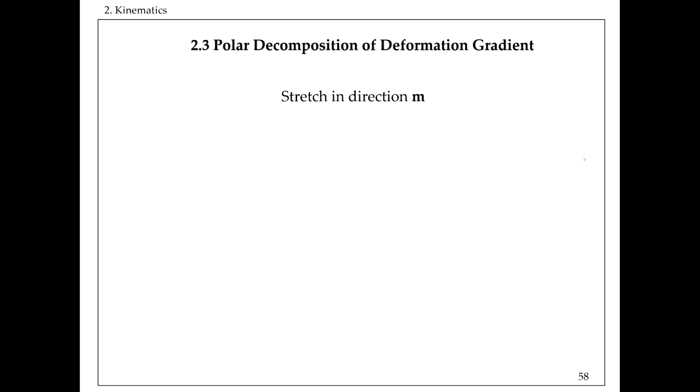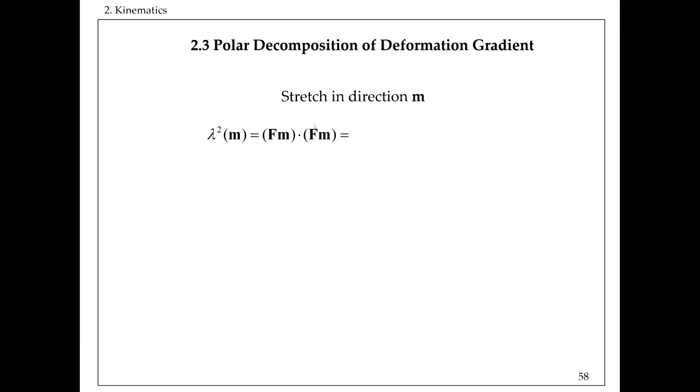All right, so let's start by considering the stretch in the direction m. Again, m is some arbitrary direction, defined by the unit vector m. Now if we consider a stretch in this direction and calculate the square of the stretch, then we can simply write this as the multiplication of stretch lambda multiplied by lambda.